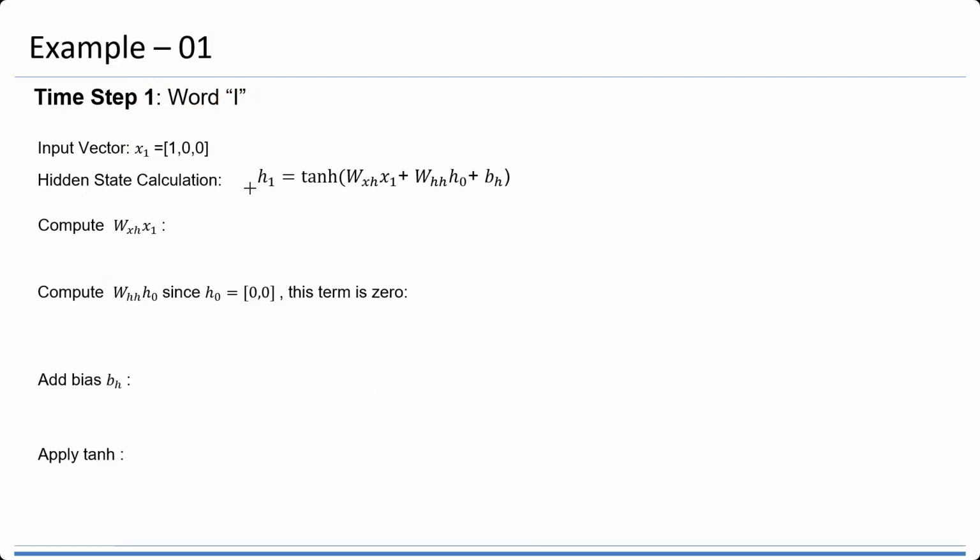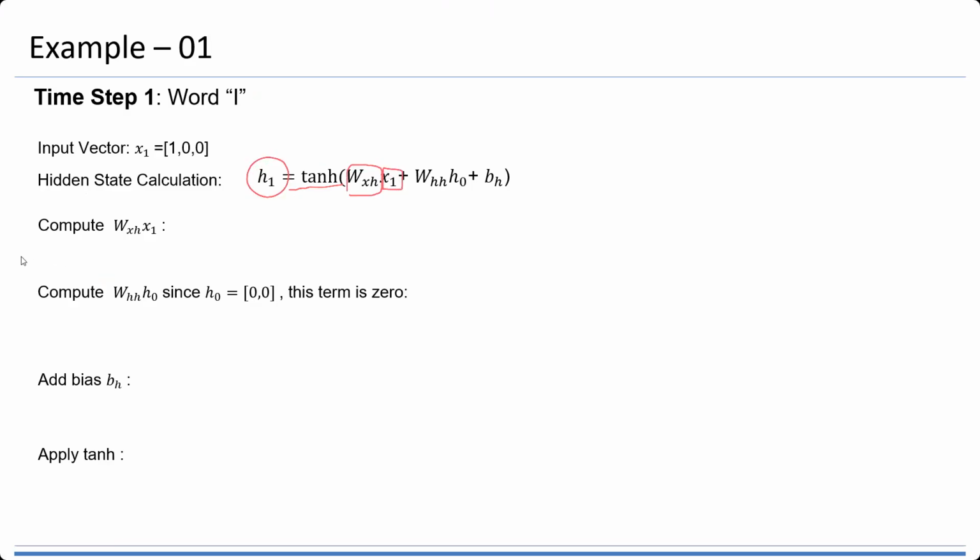Now let's suppose the function we are using is tanh. The function can be the sigmoid or logistic function, or you can also use the ReLU function and many others. But in this example, let me just use the tanh function. This is tanh of W_xh multiplied by x1, because I want to update the result on h1.